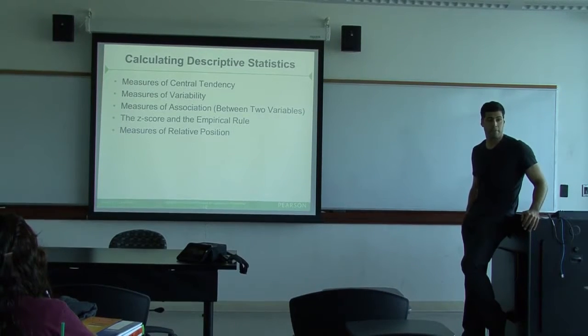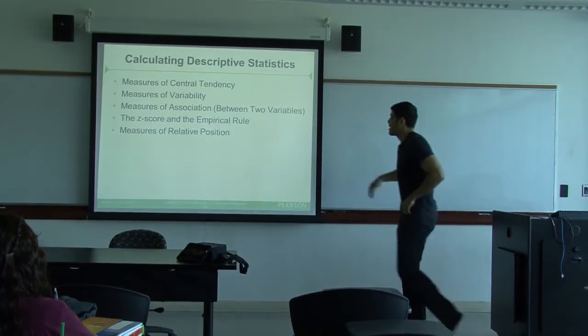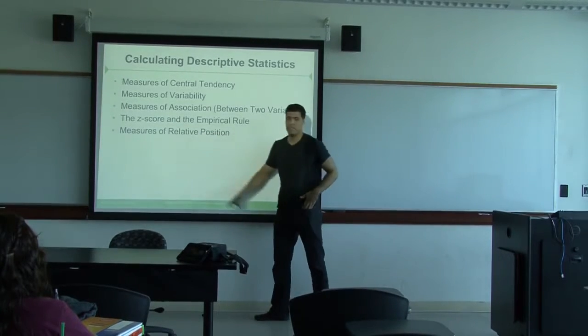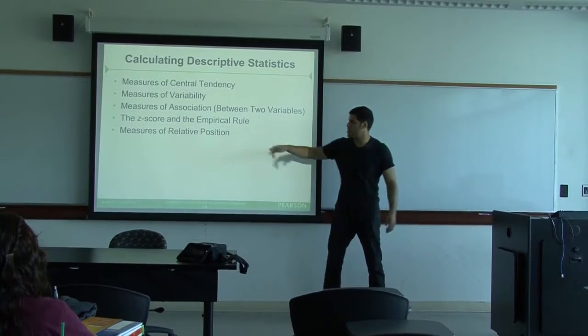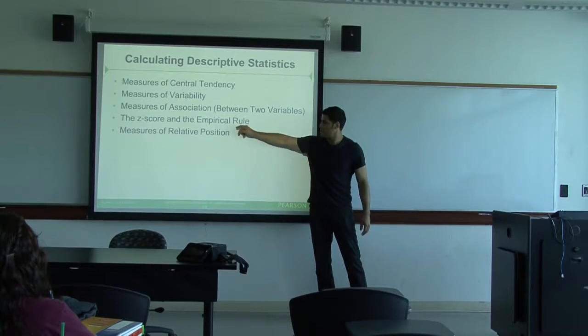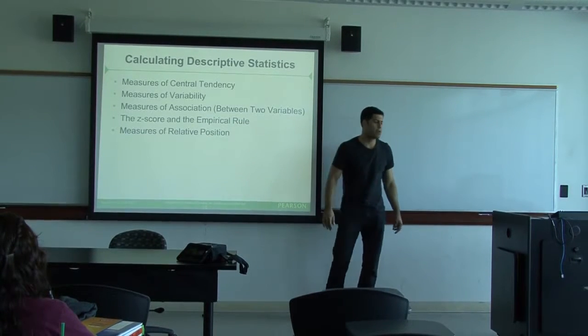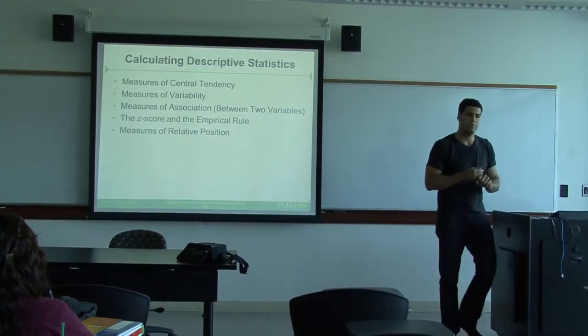Basically, after the midterm, we're going to be seeing the z-score every single day here. So we're going to spend some time on that. It's very important that we understand what the z-score is within the context of the empirical rule. And at the very end, we're going to look at percentiles and quartiles.